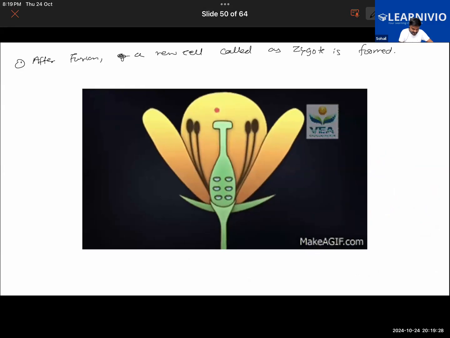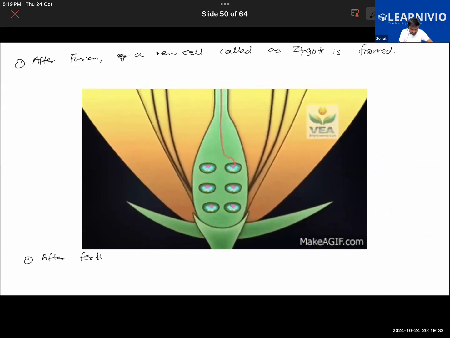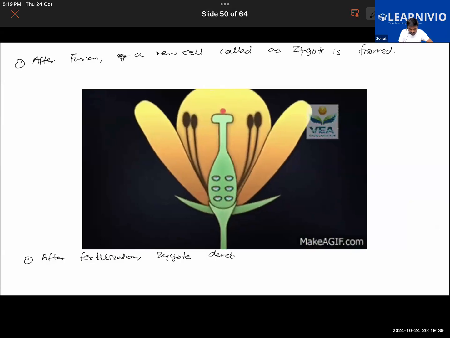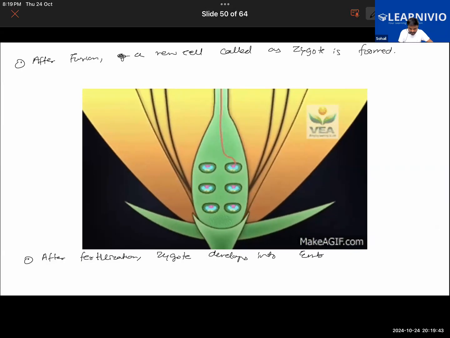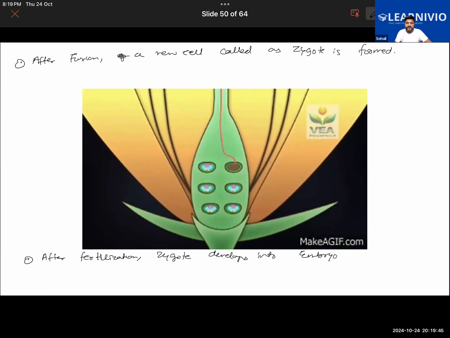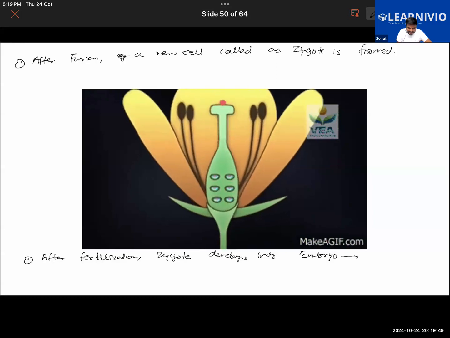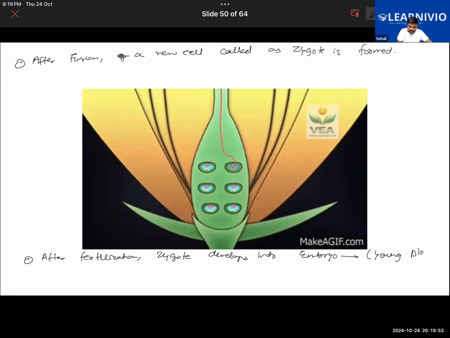So after fertilization, the zygote develops into an embryo. It will grow a little bit bigger in size. Now, you can understand the embryo as a very young plant.